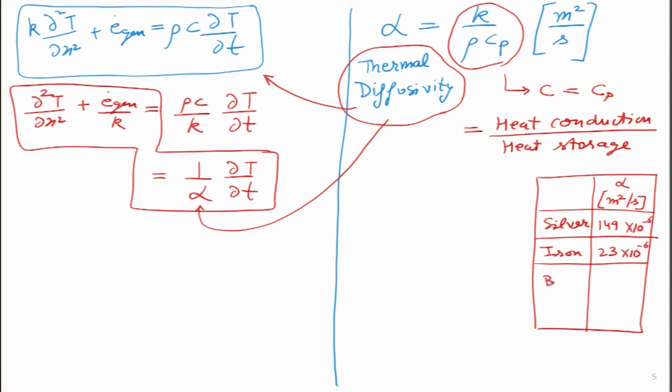Then we go down, we look at common brick, and then we can also look at some liquid like water. So, brick has very low thermal diffusivity and water has even lower thermal diffusivity.